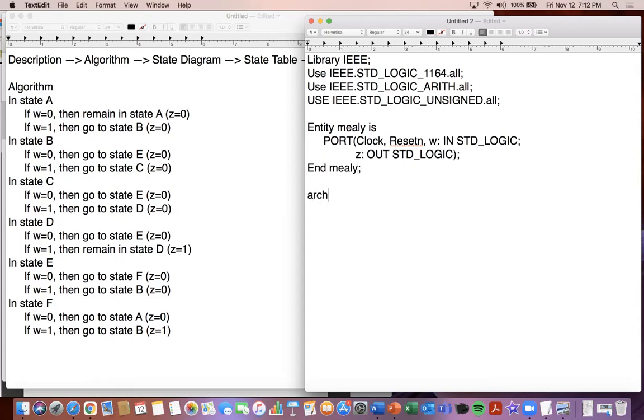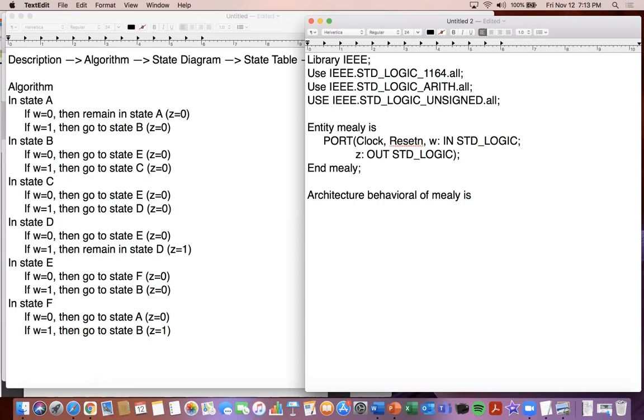And then you're gonna have architecture behavioral of Mealy is. Within your architecture, remember I told you guys the most important two lines you write are the state type ones, because those are what you'll see the most. People are going to forget this, so you guys need to know it.